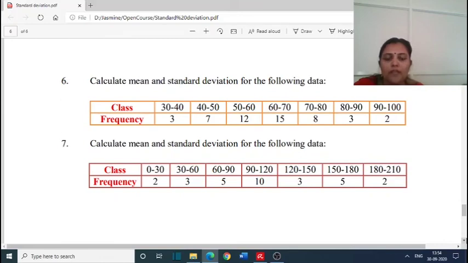So we could take 105 as A, and we could find u, sigma fu square, etc. And we could find the mean and standard deviation by substituting in the expressions given.